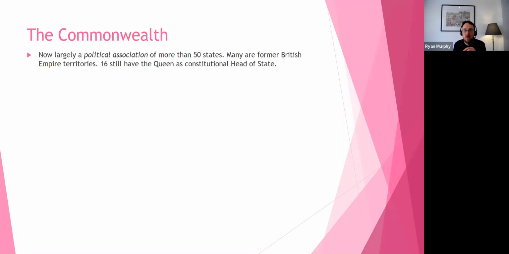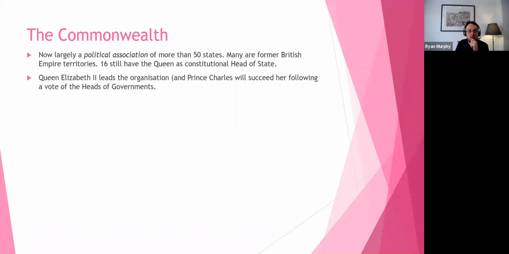Many of them are former British Empire territories. So if you think of Australia, Canada, New Zealand, 16 of which still have the Queen, so the Queen of England, as their constitutional head of state as well. And so you can see where some of that shared framework comes from traditionally.